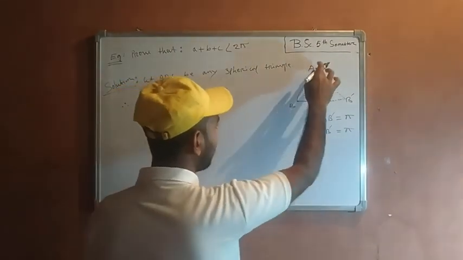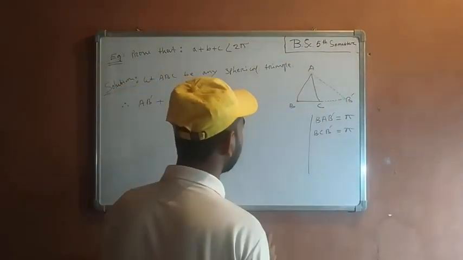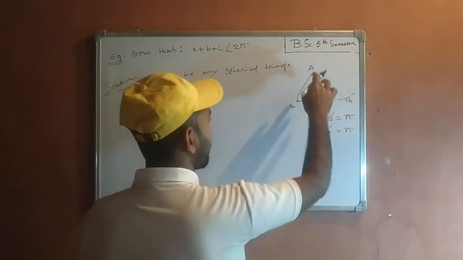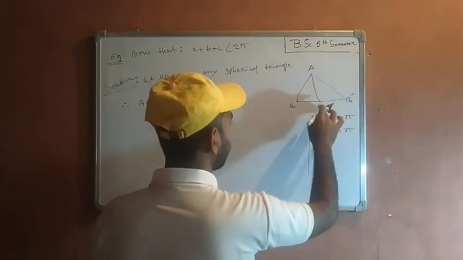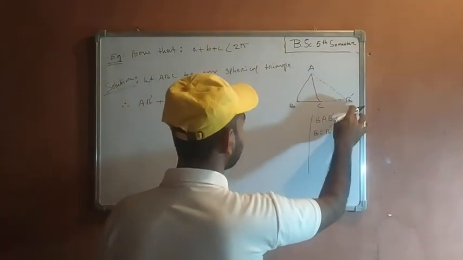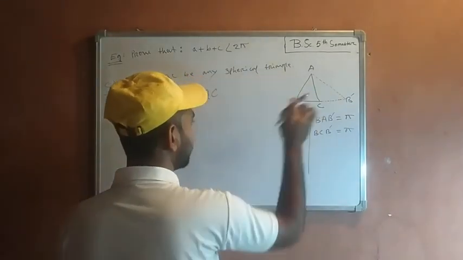See this triangle ACB dash: AB dash plus CB dash is greater than AC.